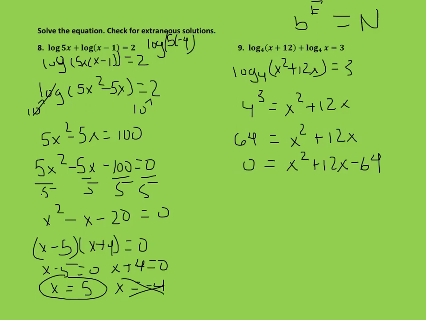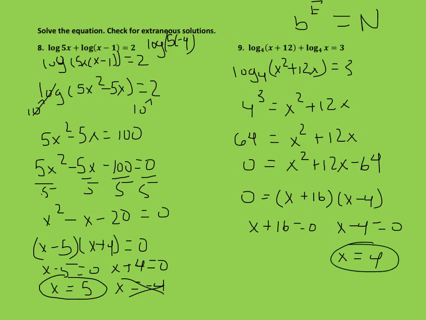Let me think about this for a second. I was thinking positive 64, but it's negative 64. So you get x plus 16, x minus 4. So I would get x plus 16 equals 0, x minus 4 equals 0, x equals 4.